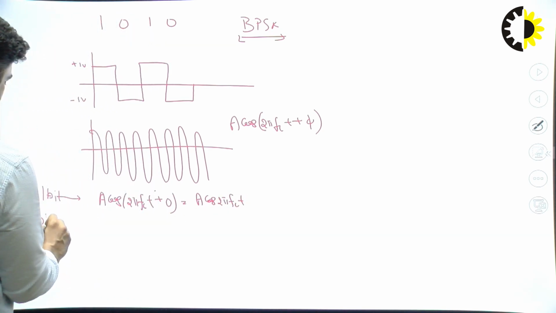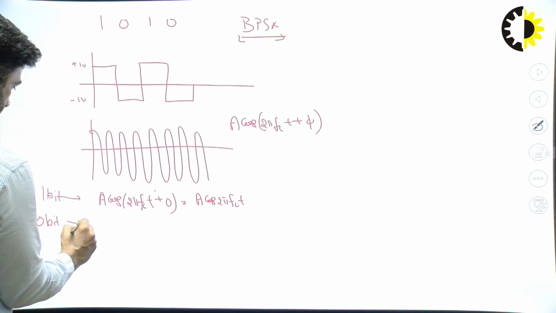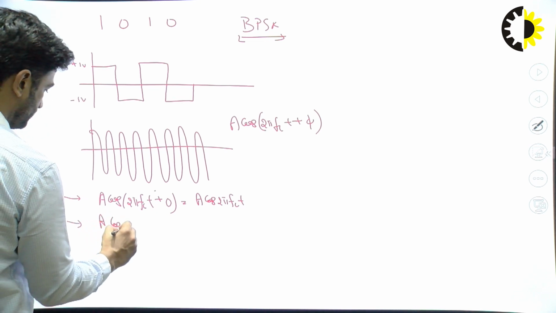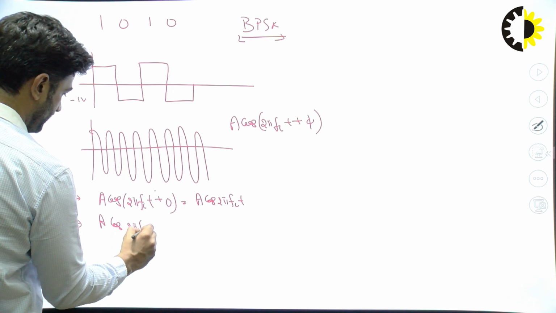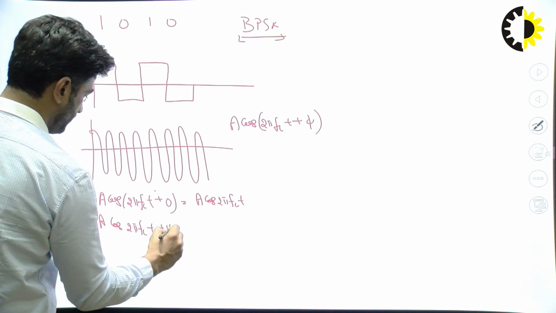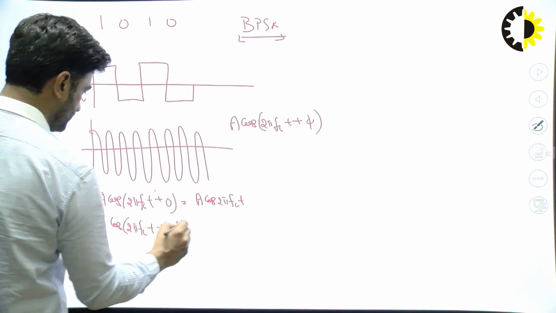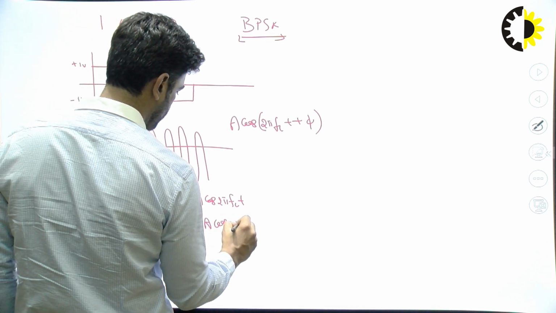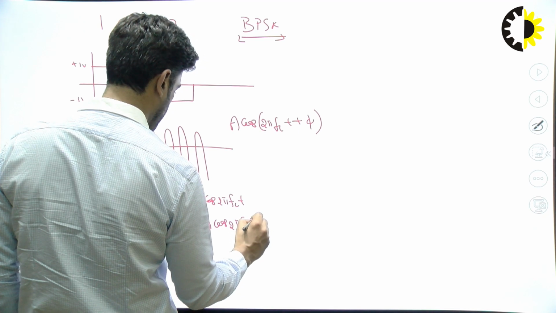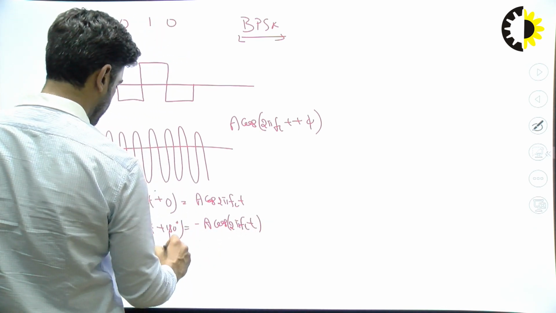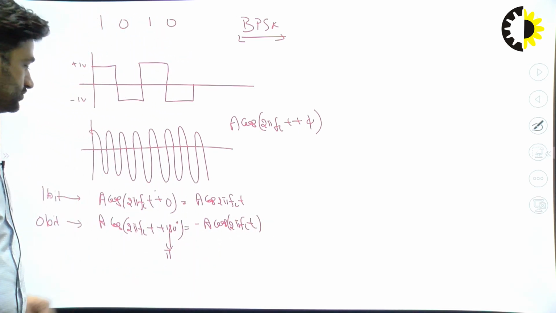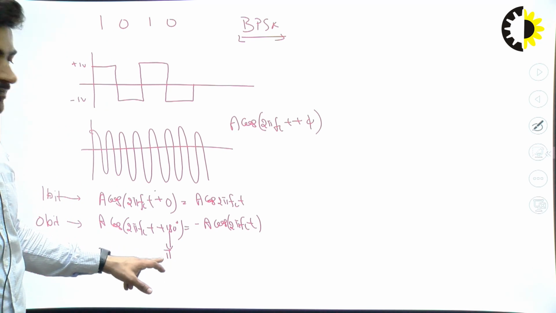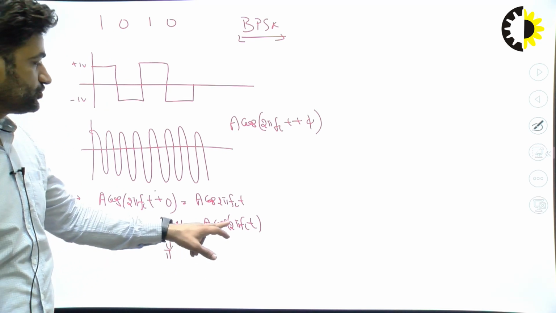When the 0 bit is there, the equation is A cos 2 pi FCT plus 180 degree. There is a phase change, that will be equal to minus A cos 2 pi FCT. 180 degree can be written as pi. So A cos 2 pi FCT plus pi will give minus A cos 2 pi FCT.